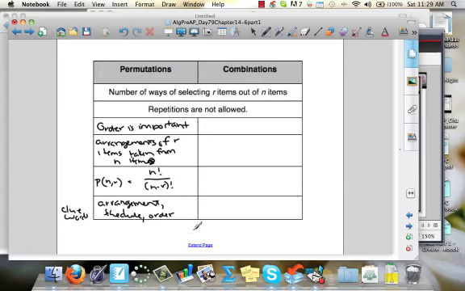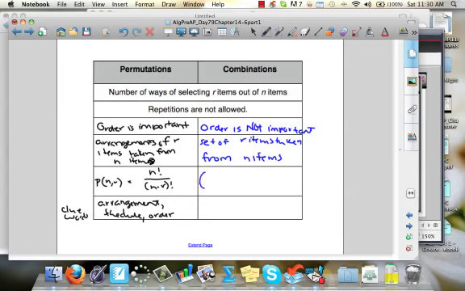For a combination, order is not important. Okay, and it's a set of R items taken from N items. So we're just taking a bunch of them and setting them aside.